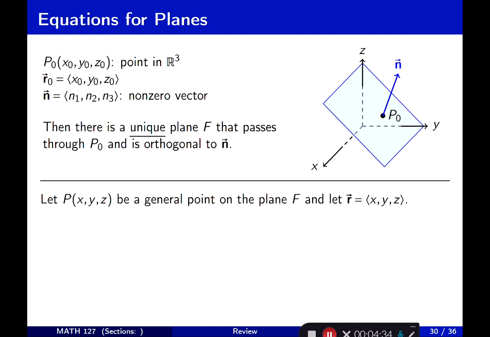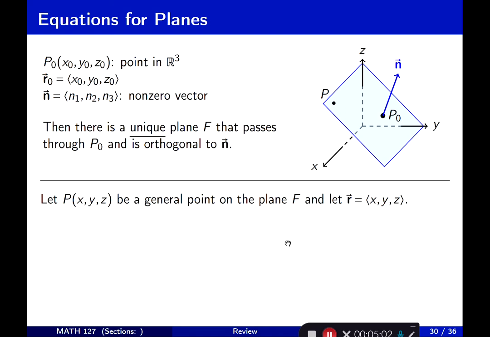Let's say P is a point on the plane. How do we show any point on a plane with x, y, z? Instead of a point, we put it in the format of a position vector, so r equal to the position vector x, y, z.